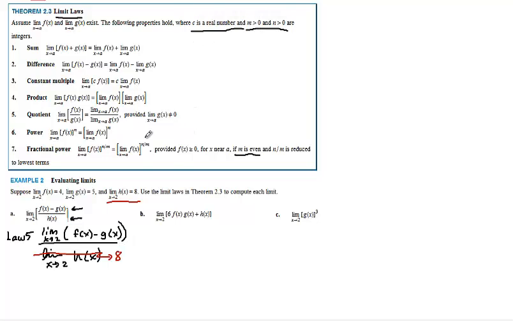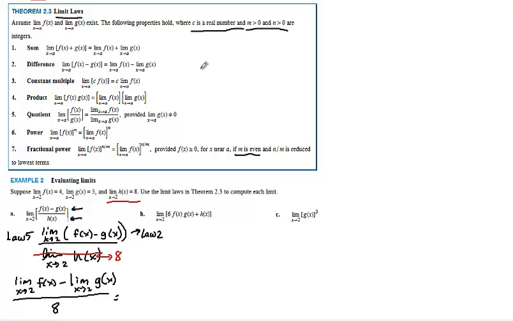That one's already done. The numerator, this is law 2. So I'm going to use law 2 to break that apart, and that will be the limit as x goes to 2 of f of x minus the limit as x goes to 2 of g of x all over 8.